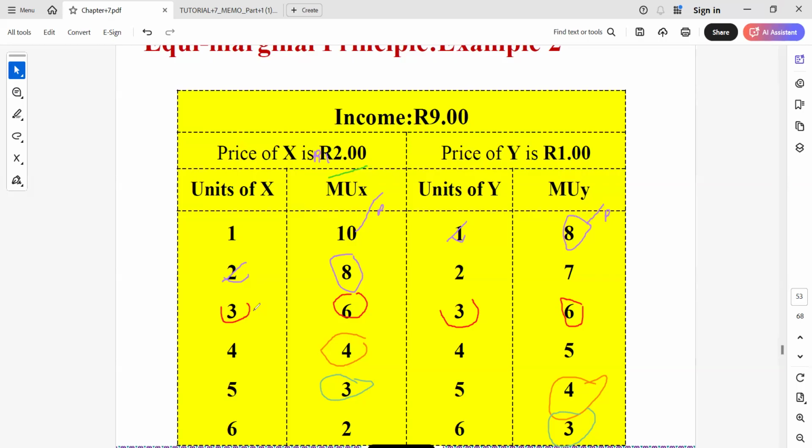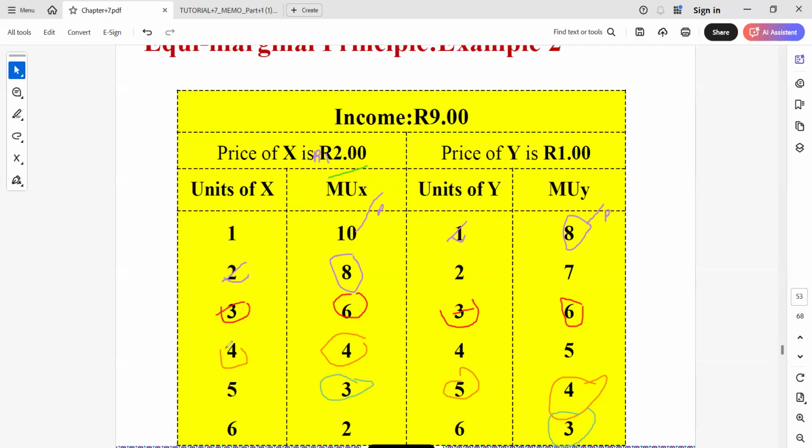So not all the income is used, so this one is also out. So let's look at the other one. We also look at the other combination where your marginal utility per rand is 4. When it is 4, you can consume 4 units of good X and 5 units of good Y. So 4 times 1 is 4, and 5 times 1 is 5. 4 plus 5, you get 9.